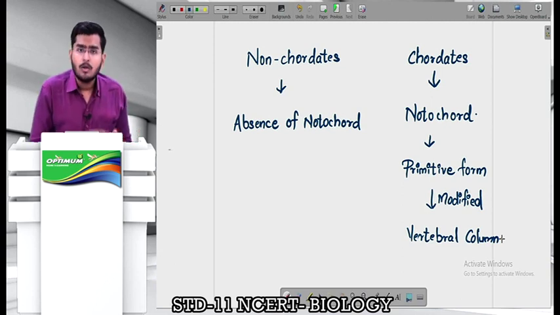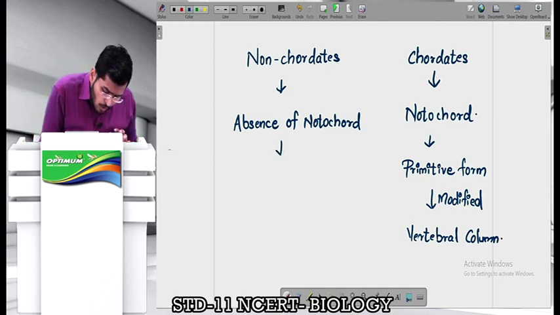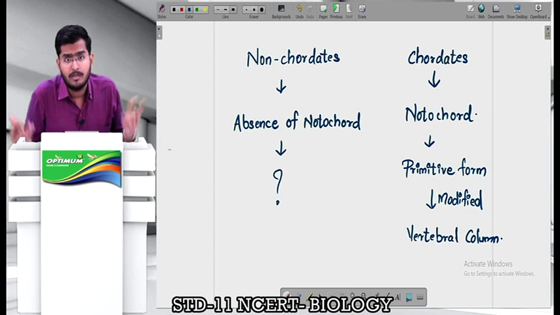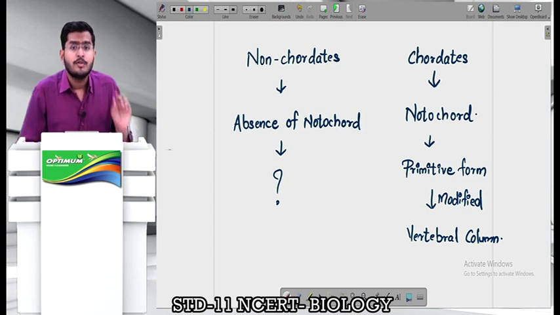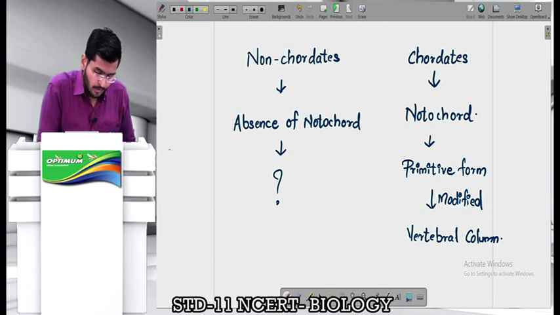Notochord रहा तो obvious है कि vertebral column भी बनेगा. लेकिन अगर notochord ही नहीं रहा तो it's a very good question that vertebral column कहाँ से बन पाएगा, right? So non-chordates are those organisms which are not going to have a notochord, while chordates are those organisms which are going to have a notochord.